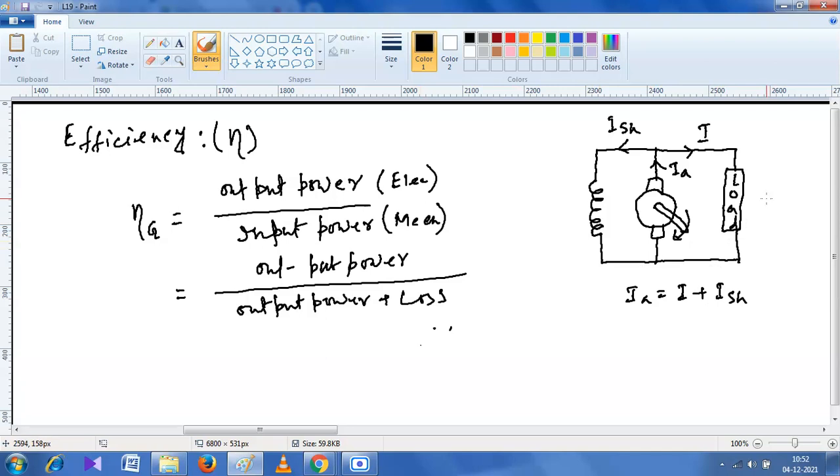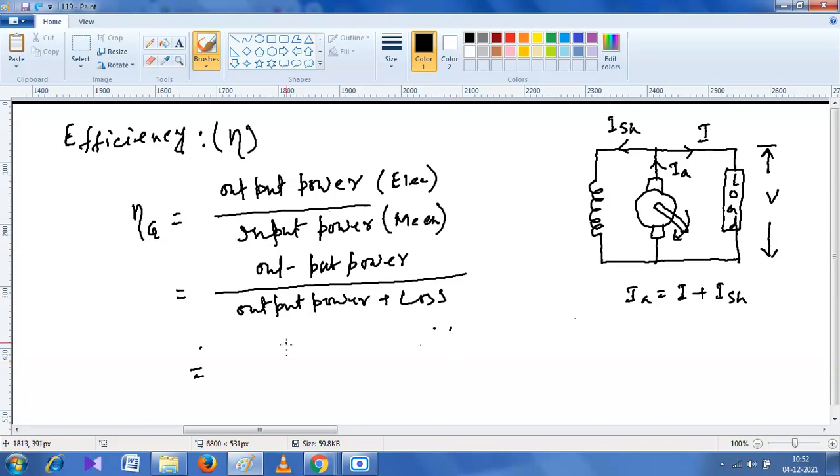So, if the output voltage is V, tell me how much electrical power we get from that generator.